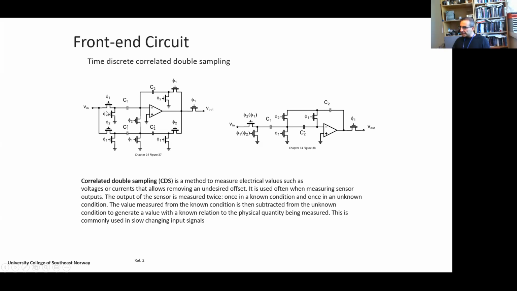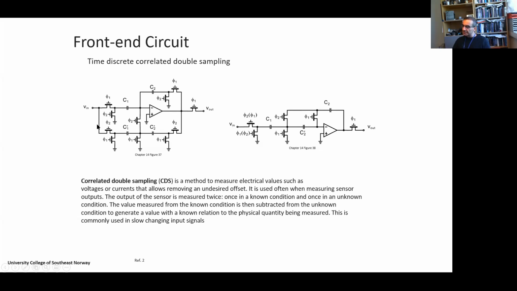Again, it is made of many circuits, transistors and capacitors, and by switching these with different timings, we can achieve the double sampling.